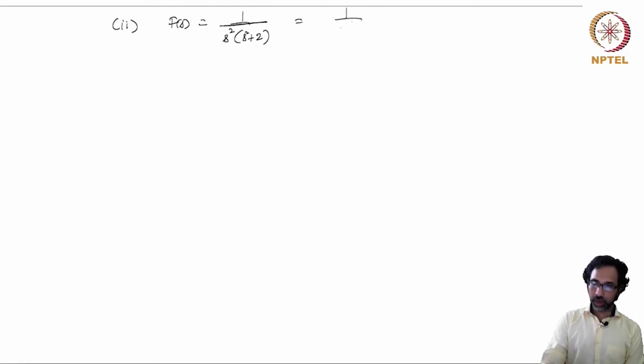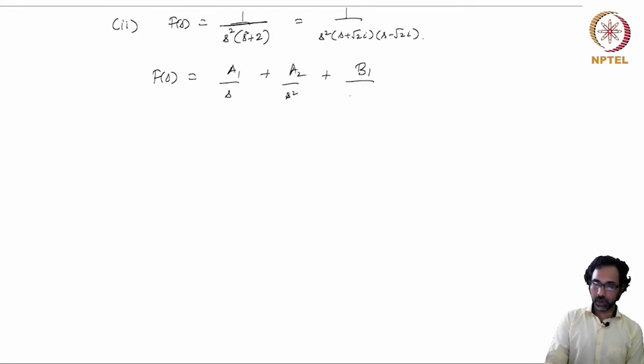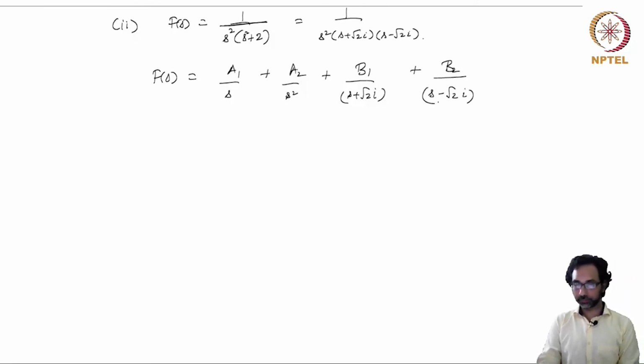Note that one can write this as s squared times (s plus square root 2 i) times (s minus square root 2 i). Then the partial fraction expansion is of the form A1 over s plus A2 over s squared plus B1 over (s plus root 2 i) plus B2 over (s minus root 2 i).